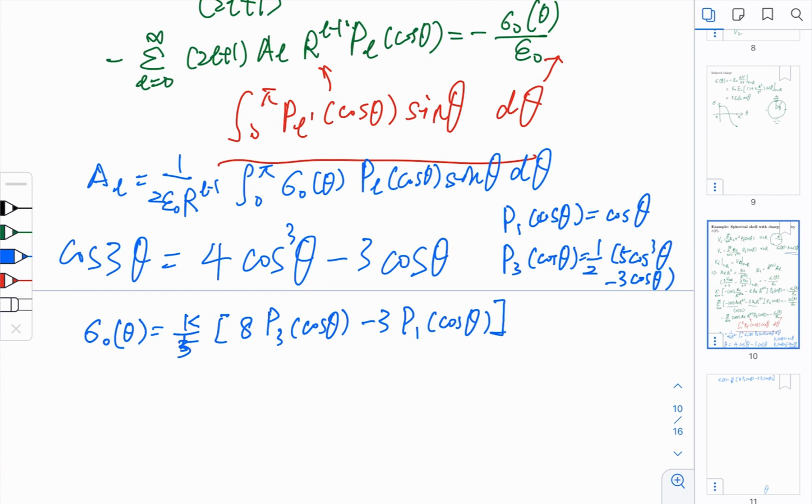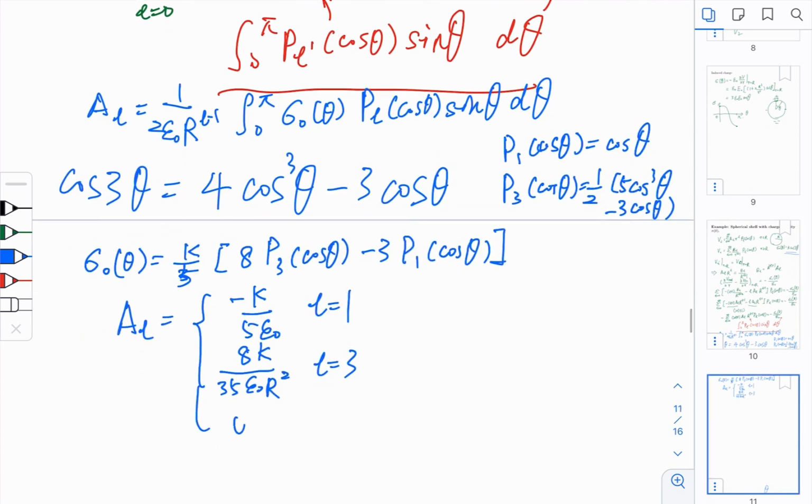And in the end, if you do the Fourier's trick, you get, so that gives you the final solution to this problem.